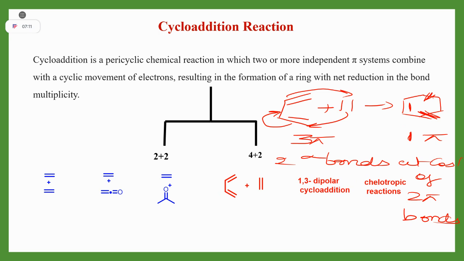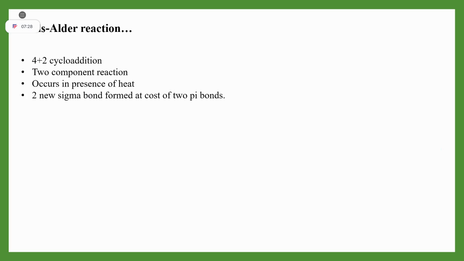And in 4 plus 2, which is the famous Diels-Alder reaction, one is the diene part and the other is the dienophile. In 4 plus 2, the other two possibilities are 1,3-dipolar cycloaddition, which we will cover next week, and cheletropic reactions. So these are some key points of the Diels-Alder reaction.